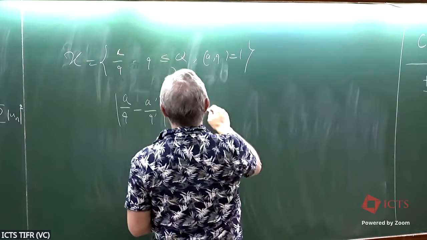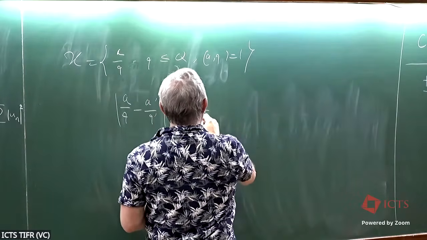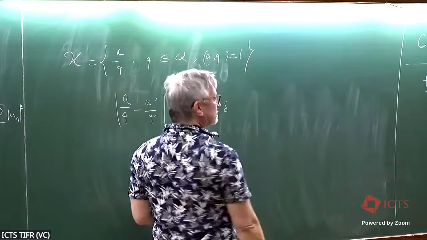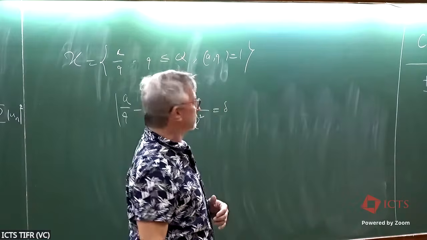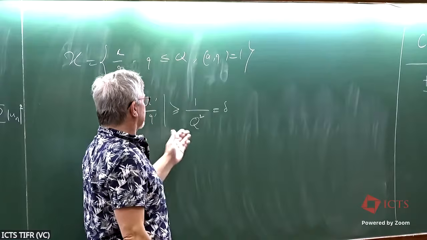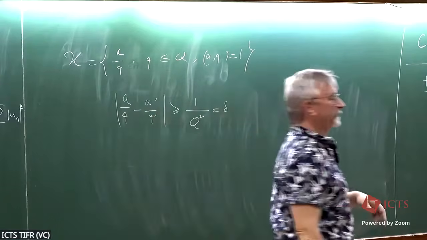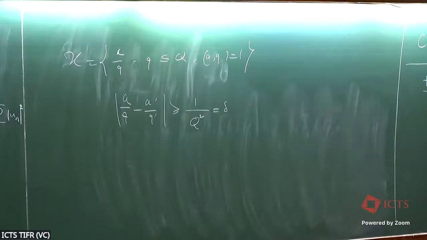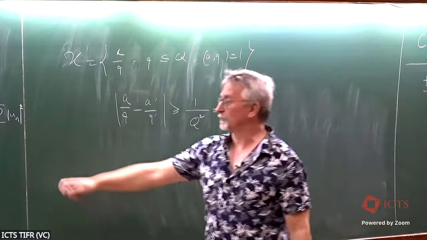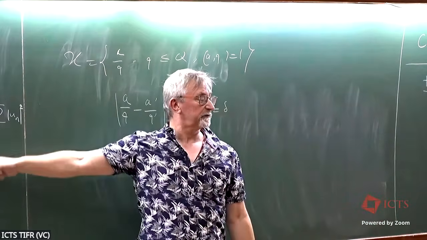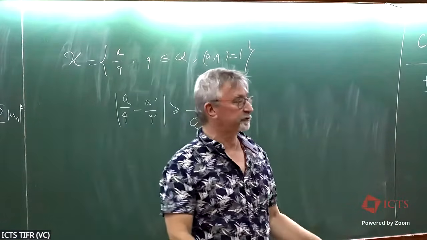Yes. Cool. So that's my delta. It should be 1 upon Q squared, to be honest. But that's my delta. So here I had delta to the minus 1, which gives me Q squared here. I don't have anything to do. It's done. Okay?